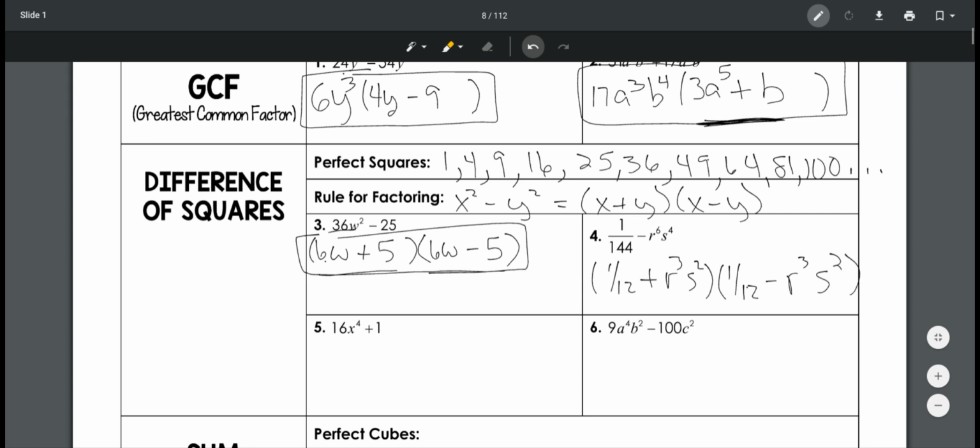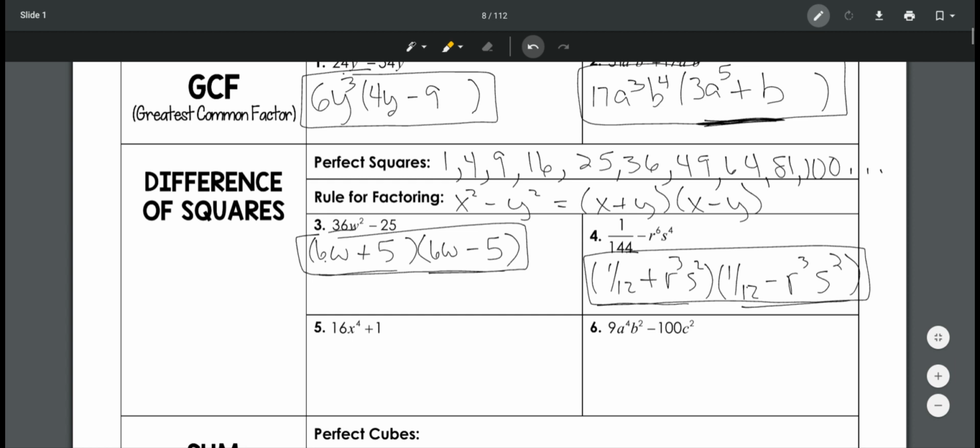If I were to multiply those back together, it goes back to being r to the 6th and s to the 4th. Now, before I state that this is my answer, I make sure that the two terms in each group, these two terms and these two terms, have nothing in common with each other, and they do not. So this would be my final factors.